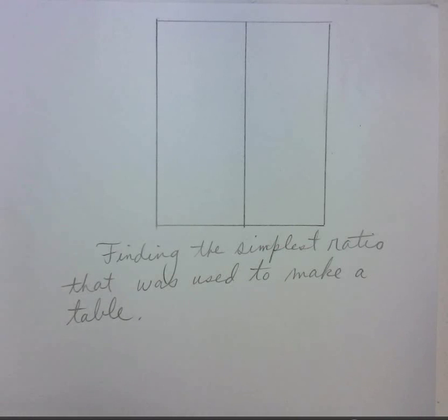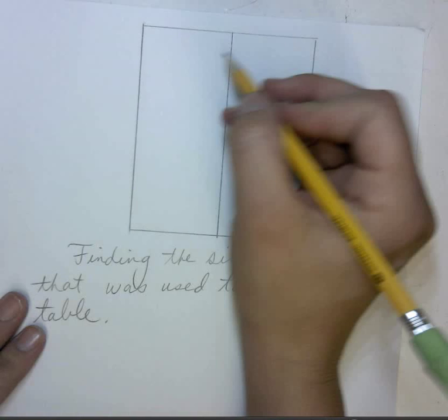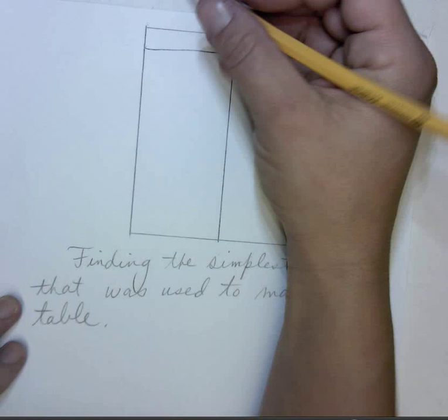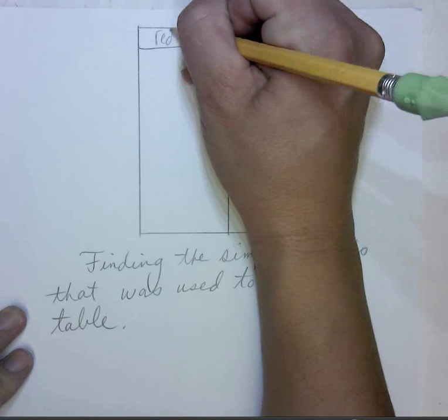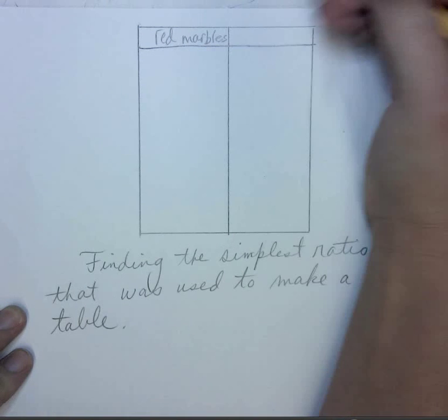Okay, so today we're going to take a look at finding the simplest ratio that was used to make a ratio table. I'm going to give you an example. I'll just use what we used in class today, red marbles to blue marbles.